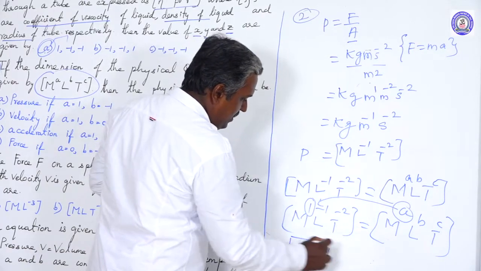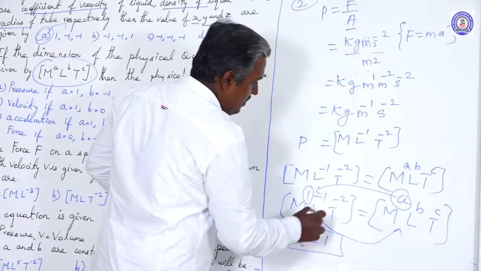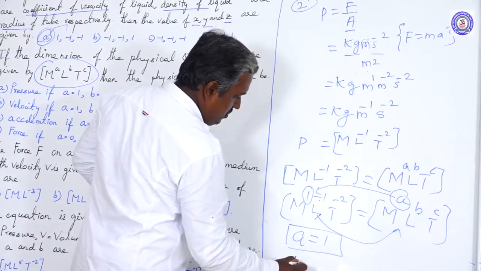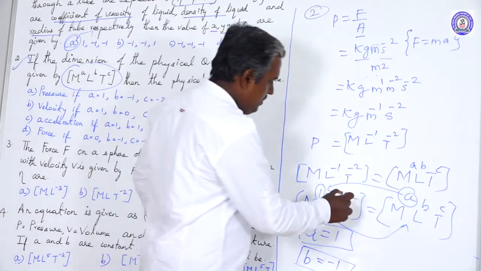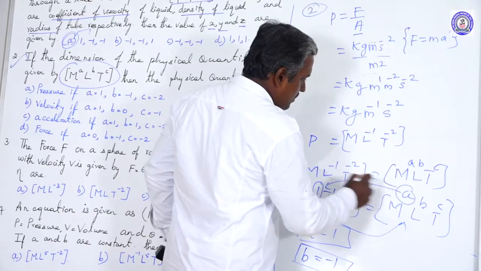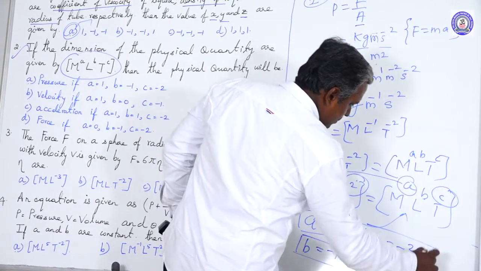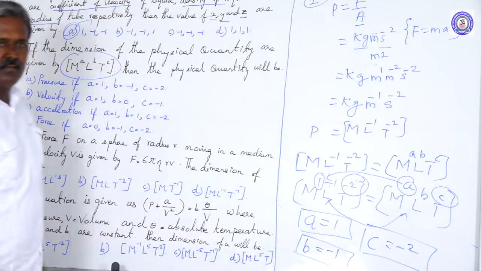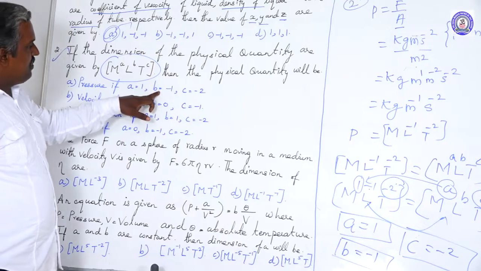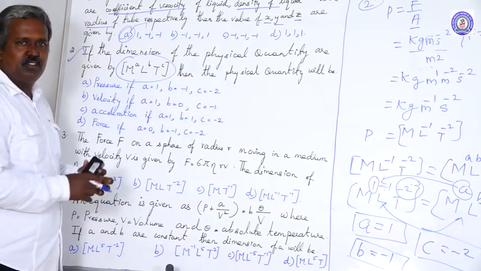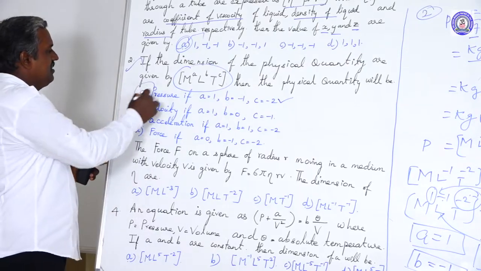So A is equal to 1, correct? And L and L, B is equal to minus 1, correct? Then C is equal to minus 2. So for pressure, A is equal to 1, B is equal to minus 1, C is equal to minus 2. Directly gets for first option, correct? So option is 1A.